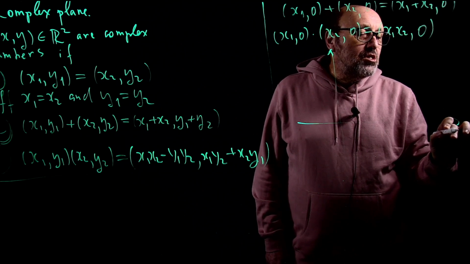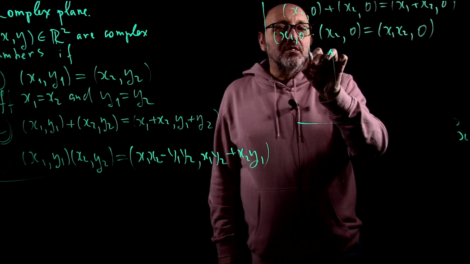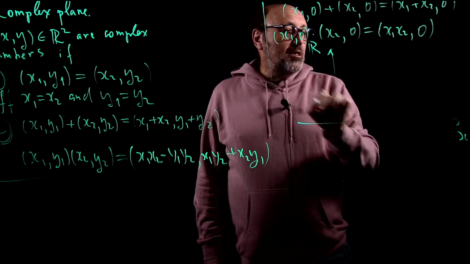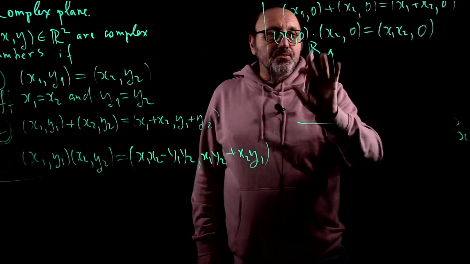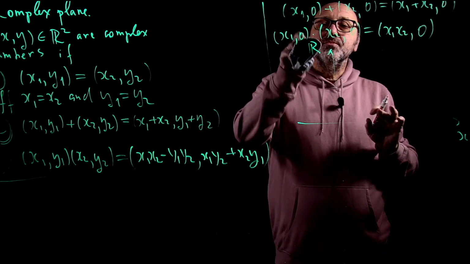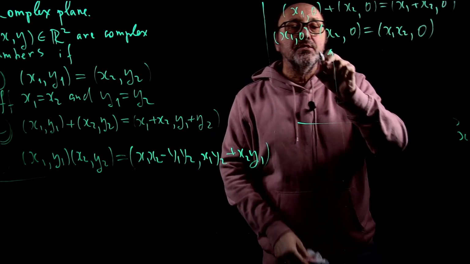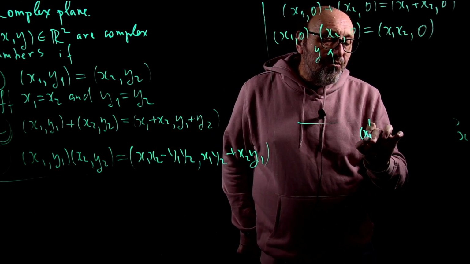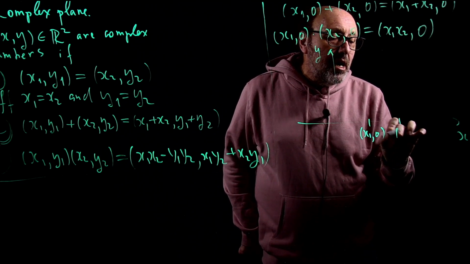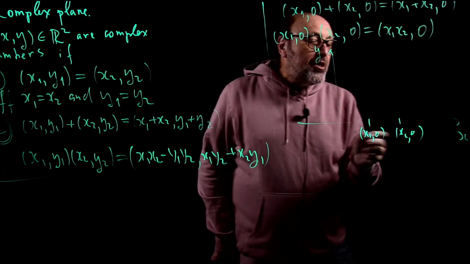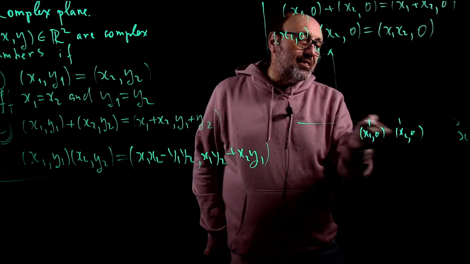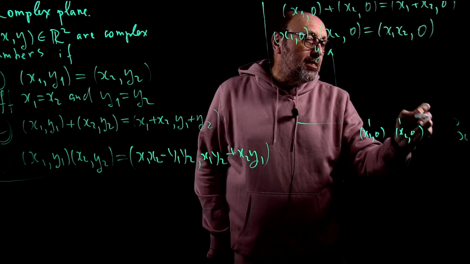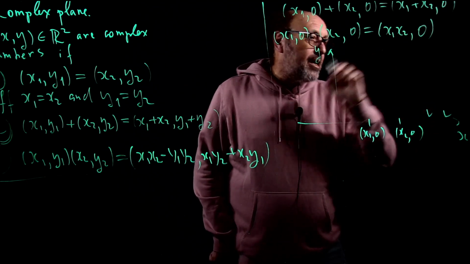So if we consider here the axis x and here the axis y, and the couples of the form (x1, 0), (x2, 0), their sum remains on this axis and their product remains on this axis.